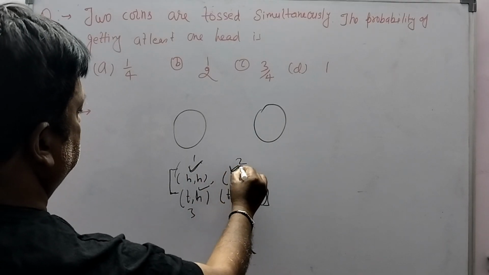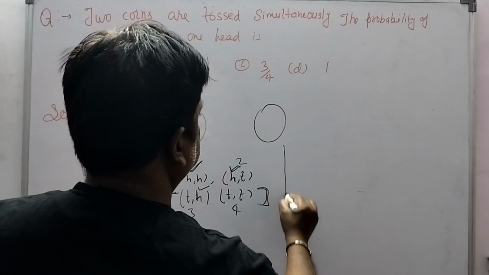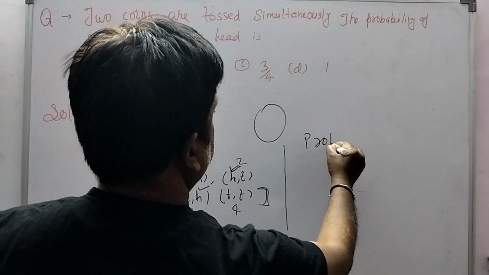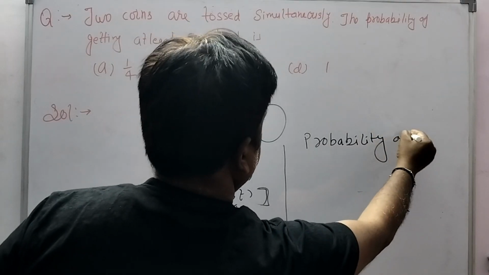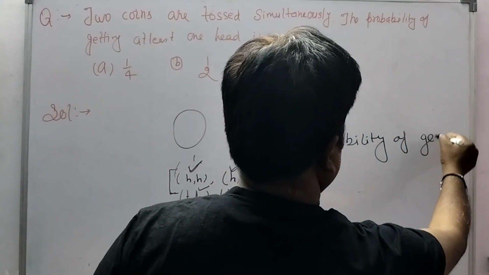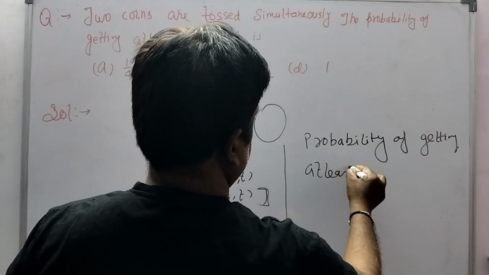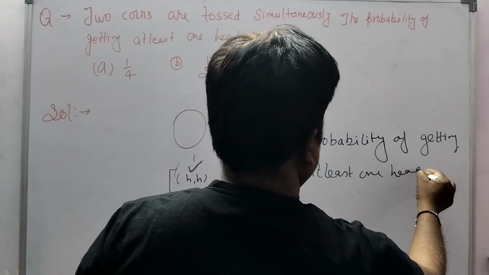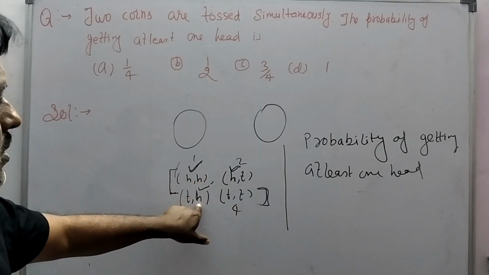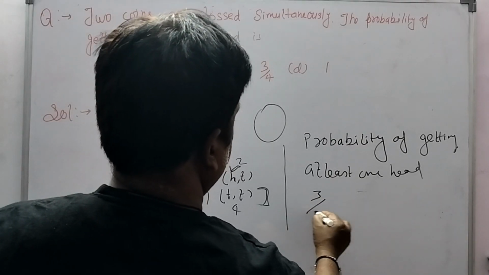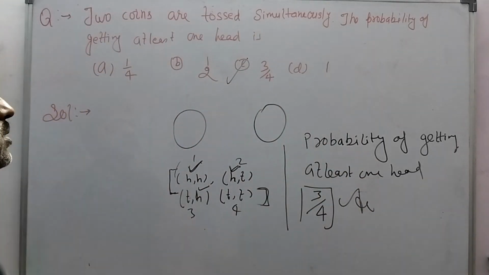So 3 favorable cases and total outcomes 4. So the probability of getting at least one head: there appears first both heads, one head, one head. Total three favorable cases, total outcome 4. So the required probability is 3 by 4. Okay. So the answer should be this.